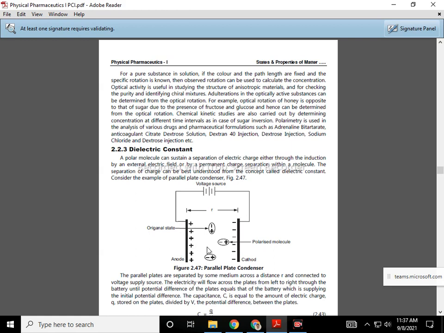While completing this circuit, you will notice that water is there, and water has polar nature. See over here, these are all water molecules having charge separation, a charge separated region in every molecule, positive side and negative side.